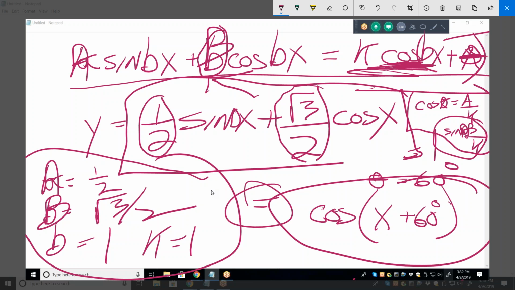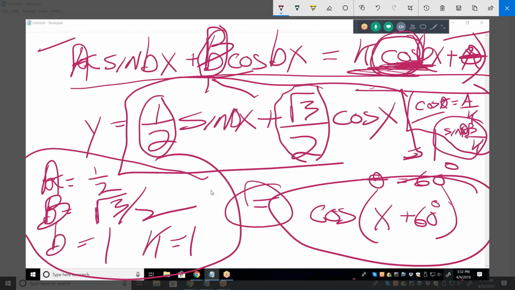But when you're trying to find the cosine of the combined functions, the sine is equal to a over k. Oh. Okay, so these aren't the way I've written them then. I think you wrote them for the sine. Okay, and yet we need it for the cosine, because the general formula is equal to k cosine, correct?